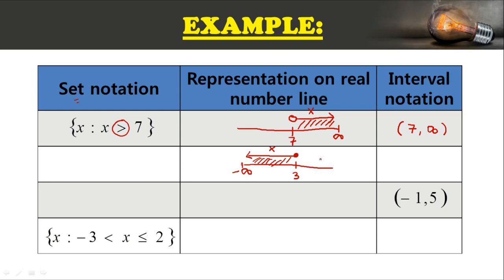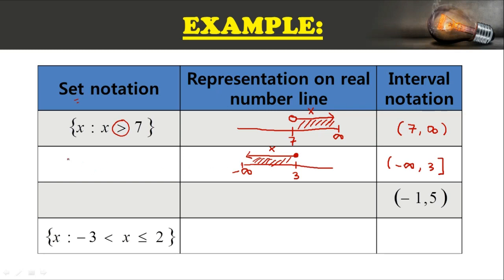Okay, bila negative infinity, for interval notation, negative infinity open, comma until 3. But this one, careful. Since we have a filled circle here, that means our bracket should be a square bracket. This one, you need to be very careful.